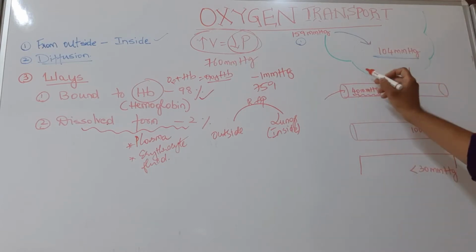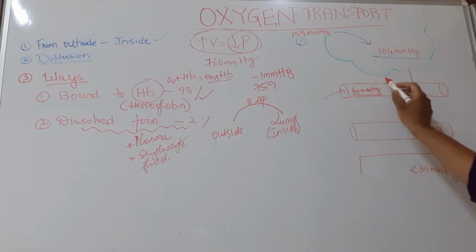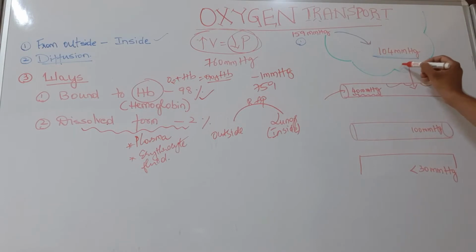The respiratory membrane is made up of the epithelial cells, its basement membrane, a small interstitial space, the endothelial basement membrane and the endothelial cells of the pulmonary capillaries. So first, the oxygen that is present in the alveoli diffuses to the interstitial space. From the interstitial space, it diffuses inside the endothelium of the pulmonary capillaries.